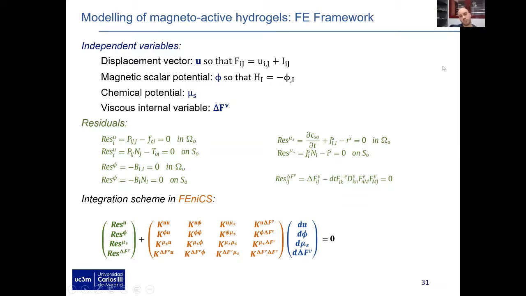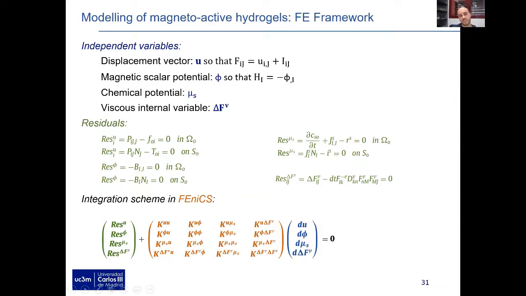To do so, we used FEniCS, an open source finite element code. It allows defining manually different parts of the stiffness matrices, or we can just use automatic numerical differentiation, so numerical computation of all these stiffness matrices by defining just some residuals and some independent variables.